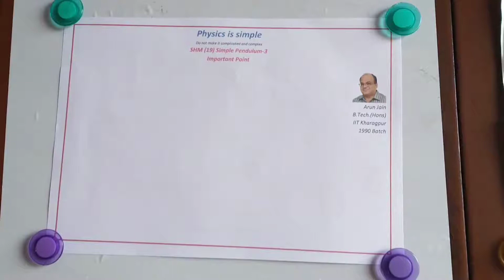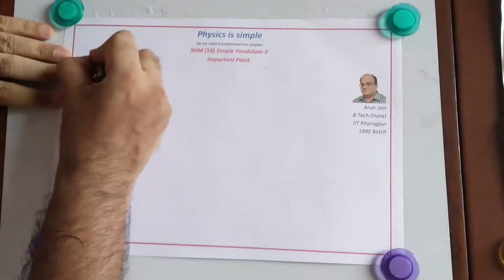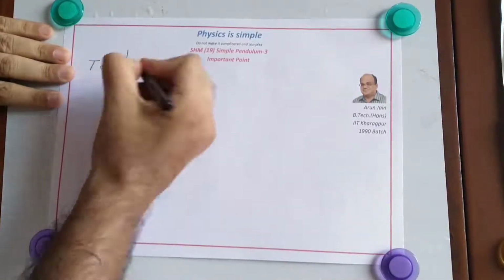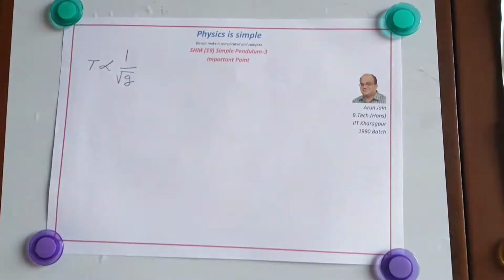Now, time period of a pendulum depends on acceleration due to gravity. Time period is proportional to 1 by root g, where g is acceleration due to gravity.